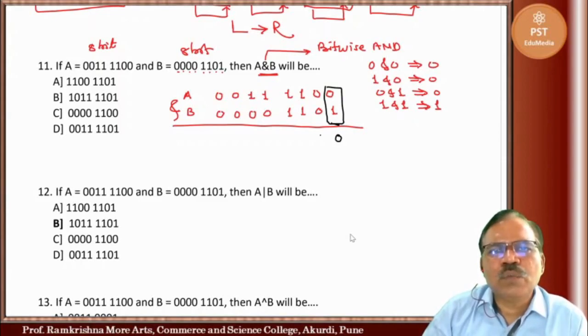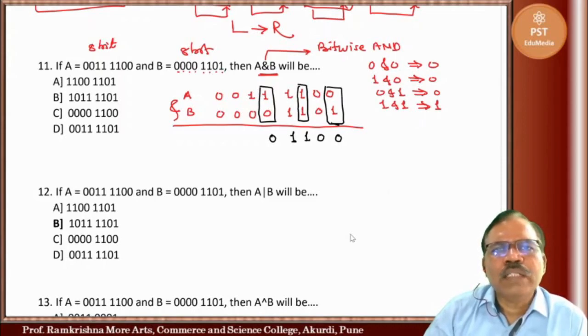Then 0, 0 will give you 0. 1, 1 will give you 1. 1, 1 will give you 1. 1, 0 will give you 0. 1, 0 will give you 0. 0, 0 will give you 0. And 0, 0 will give you 0.